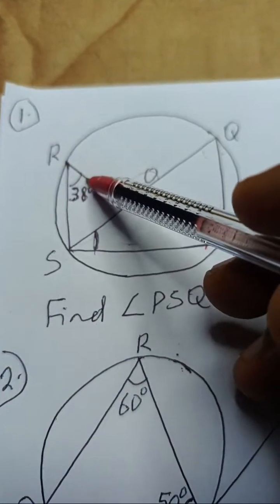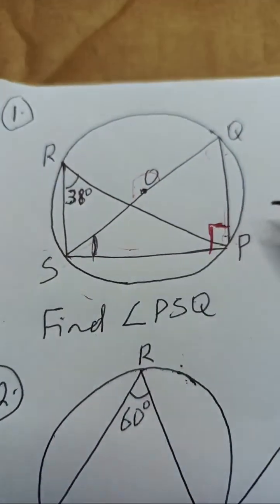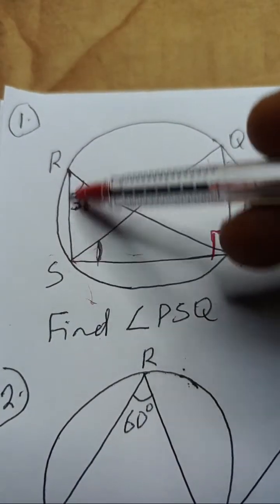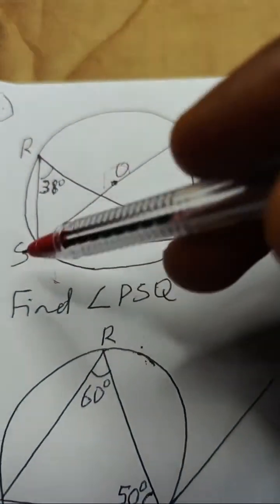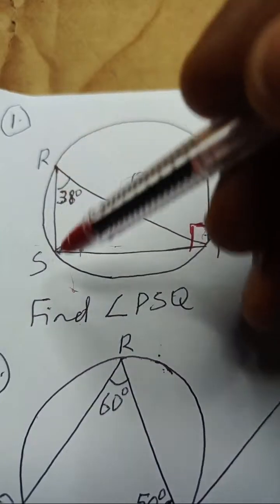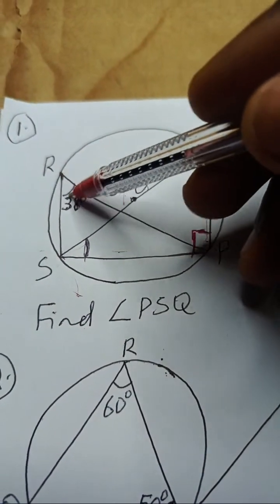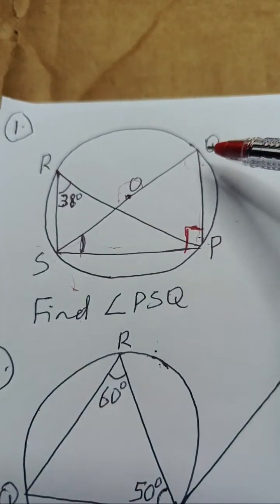Now look here, for example. This 38 is an angle being formed from line S and line P. Look at this angle also.